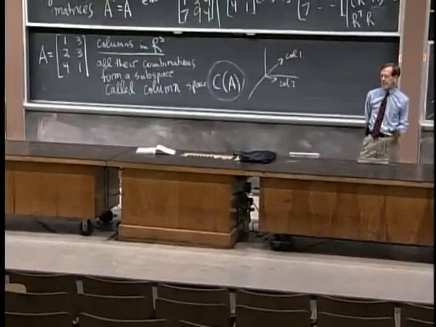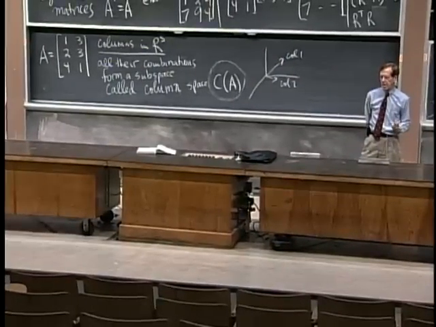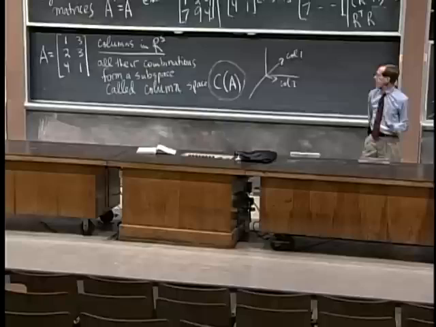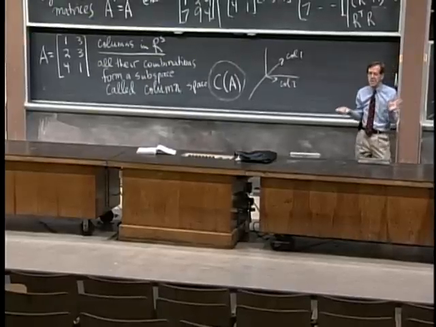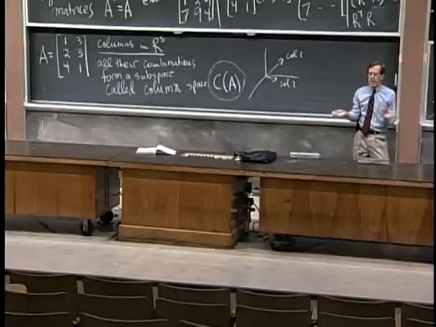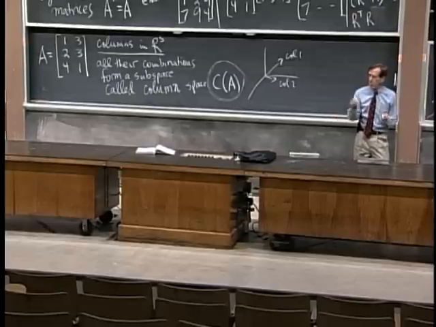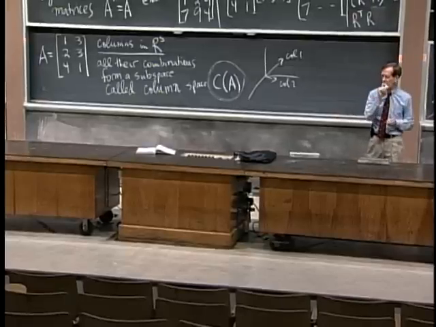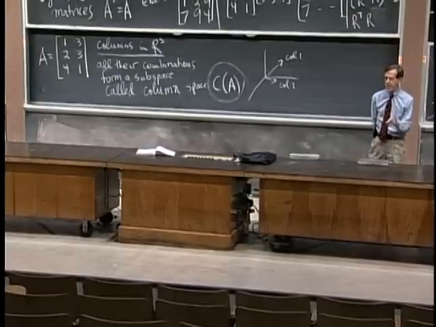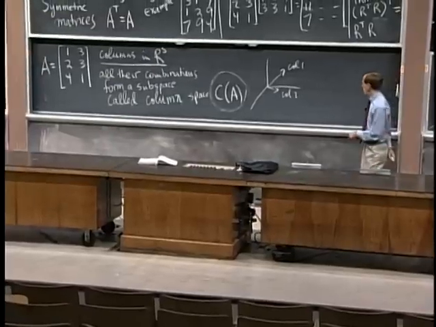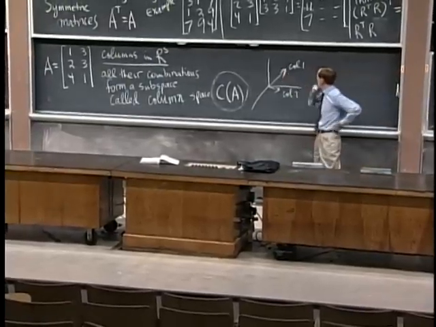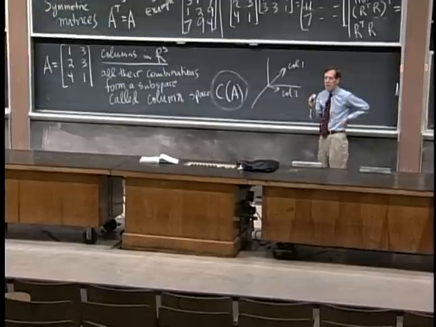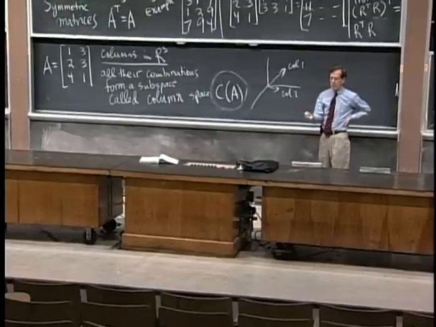I take all combinations of those two vectors. Do I get the whole space? Do I get a plane? I get more than a line, that's for sure. And I certainly get more than the 0 vector, but I do get the 0 vector included. What do I get if I take all the combinations of two vectors in R3?